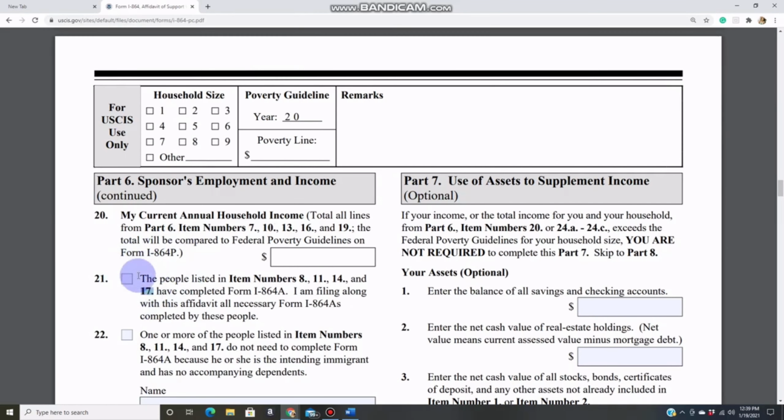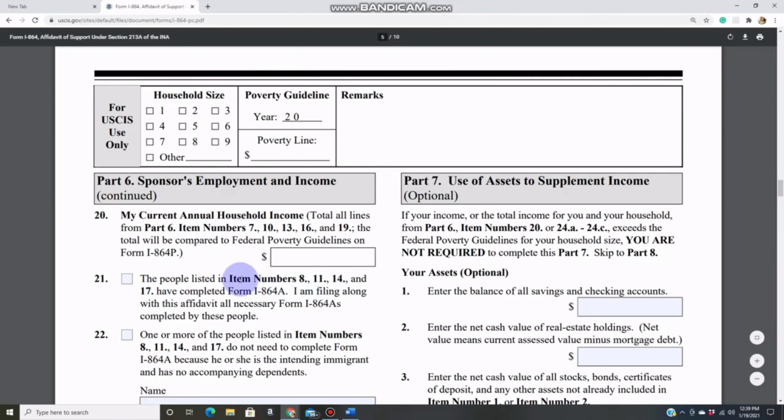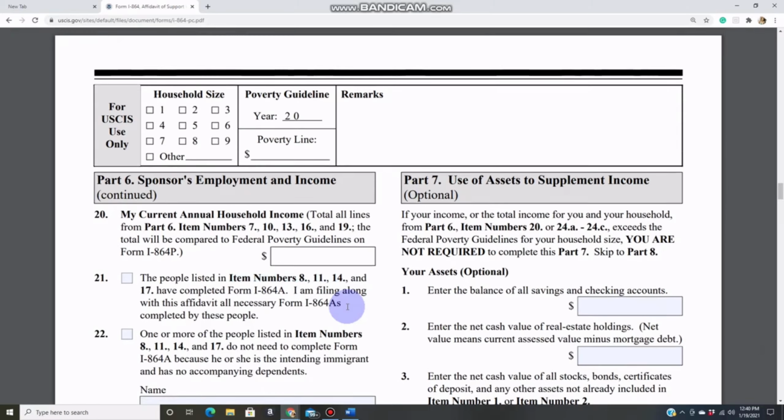But again, as a reminder, if you combine your income with any person in your household, then you must write down their names in item number 8, 11, 14, and 17. And these people listed in these items must complete the affidavit Form I-864As. Okay?